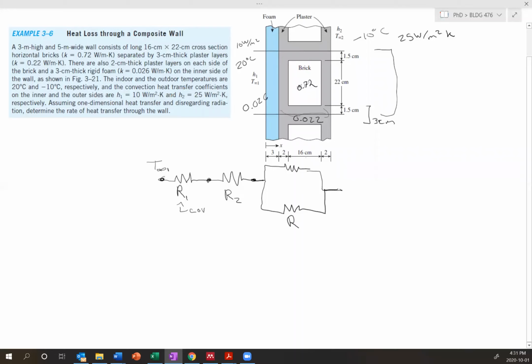So we'll call this R3. Then through the brick, we'll call this R4, and we'll call through the other side of the plaster R5. And then it'll go through the plaster one more time on the other side. These 2 are the same, so R2 and R6 will be the same. And then it'll, once again, go through the outside, which we'll call R0.